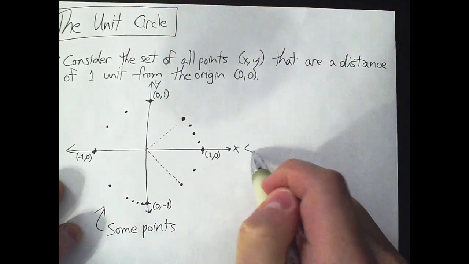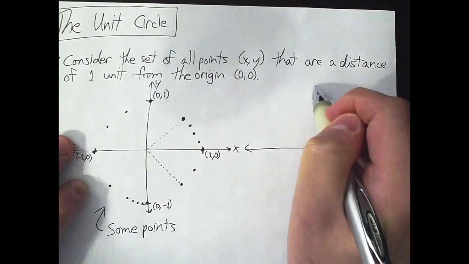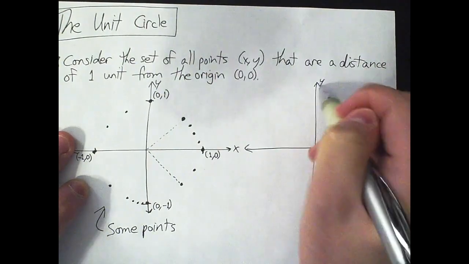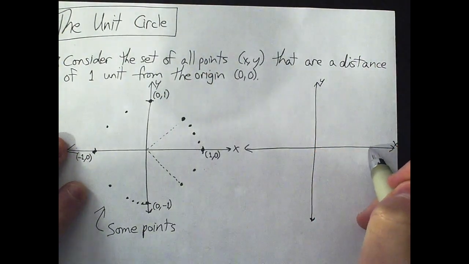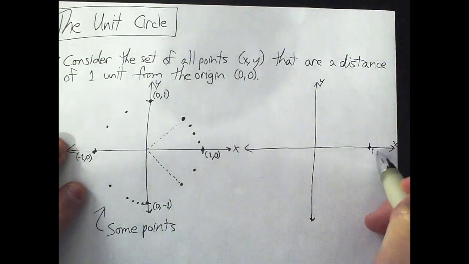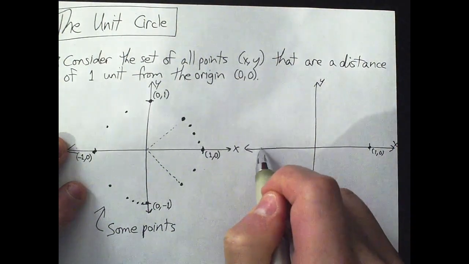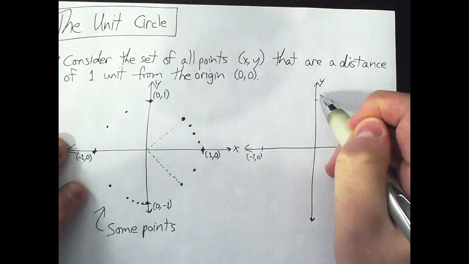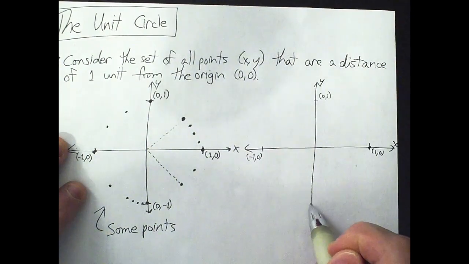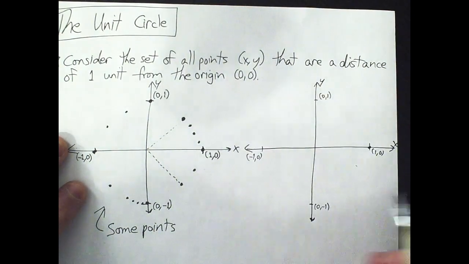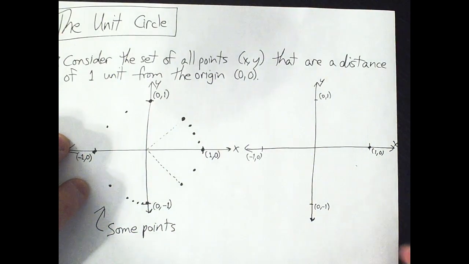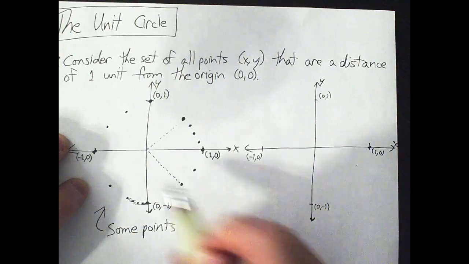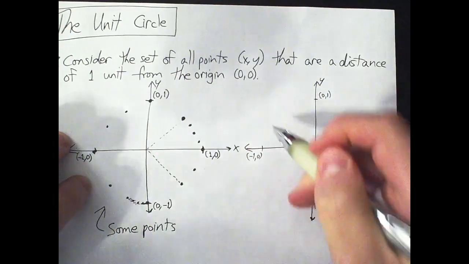But if we were to truly consider the entire set of all points a distance of 1 from the origin, we'll draw it on a separate picture. If we do all points that are a distance of 1, we would have all the points in between these, right? We're starting to create a circle shape.